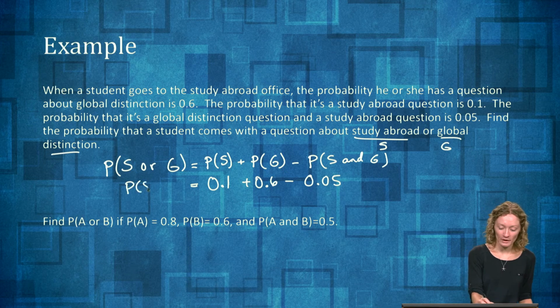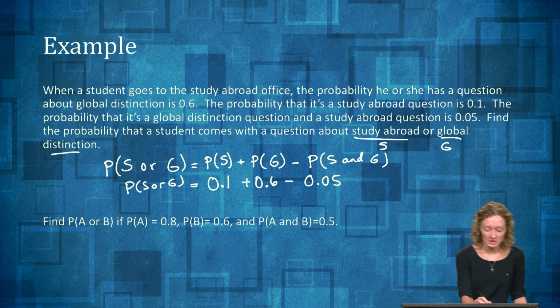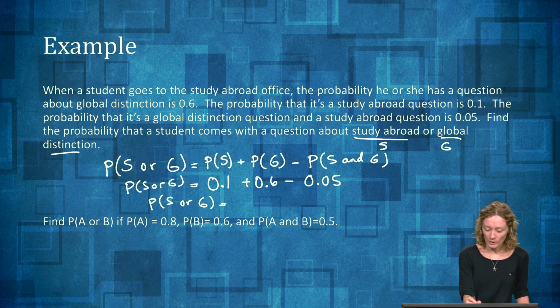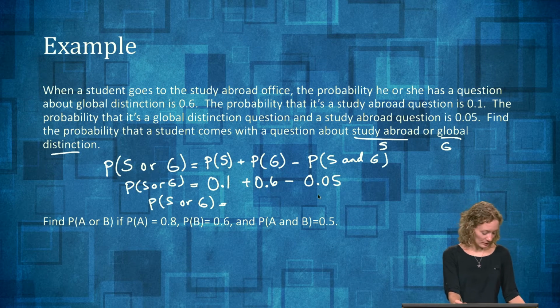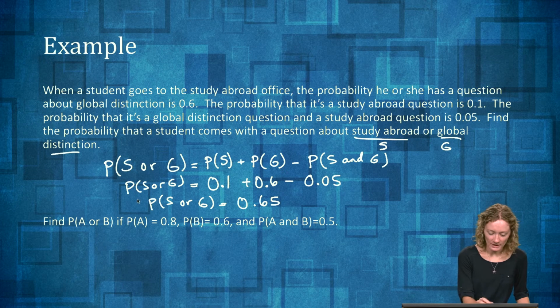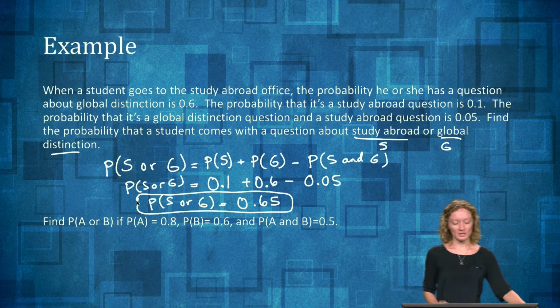We're looking for this number. So we have all the information we need. Just simplify probability study abroad or global distinction. 0.1 plus 0.6, 0.7 minus 0.05, 0.65. And then anyone else going in is asking a different question.